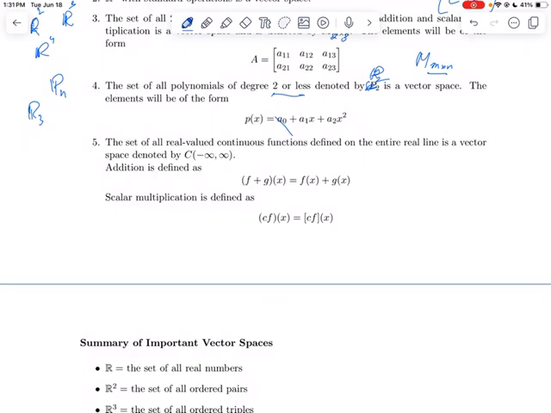The polynomials, sine, cosine, but not the tangent function because that is not continuous. And a constant function, and there could be a bunch of others. In the functions, the sum is defined like this, and the scalar multiplication. This is again something common, something we have seen before.